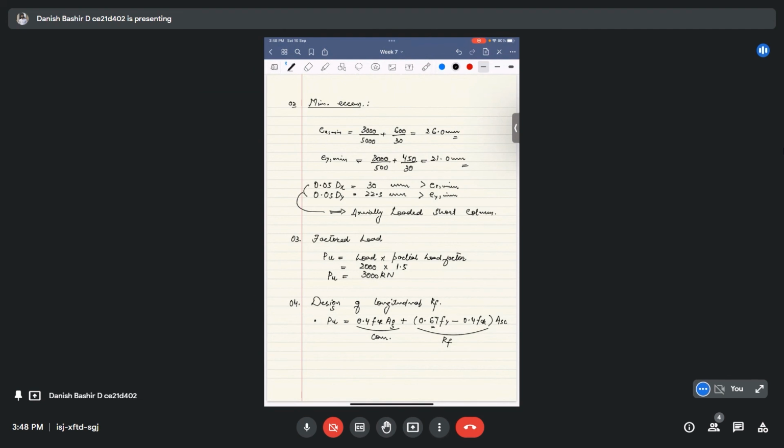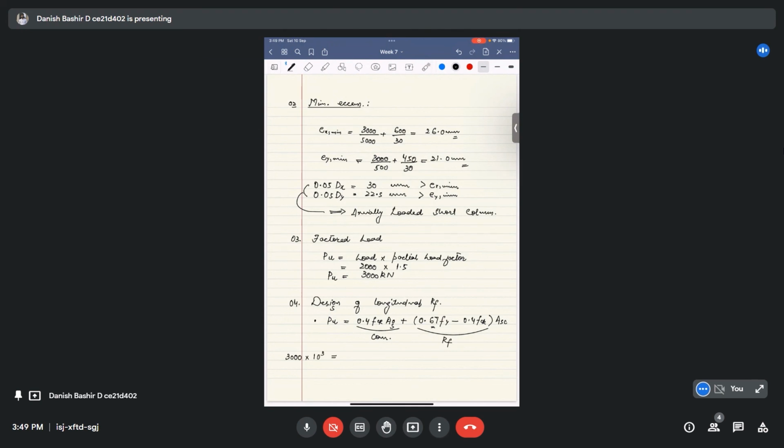When we plug in all the values, we know Pu, fck, Ag, fy, and Asc is the only unknown here. Pu is 3000 kilonewton, that is 3000 times 10 power 3 Newton.